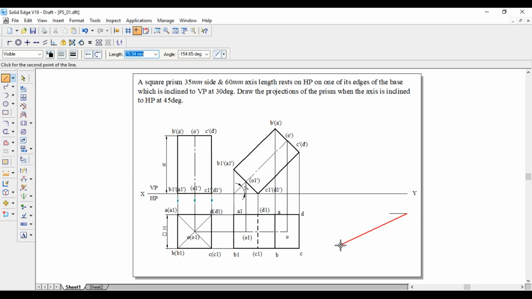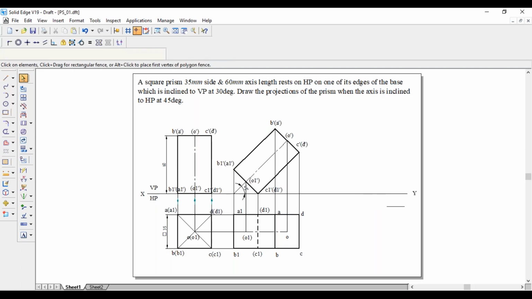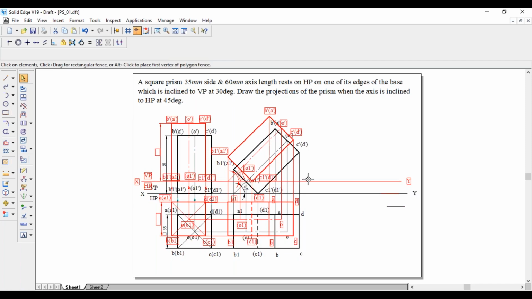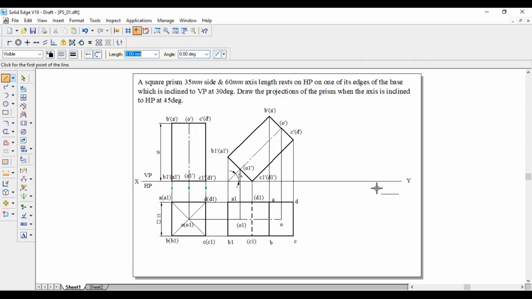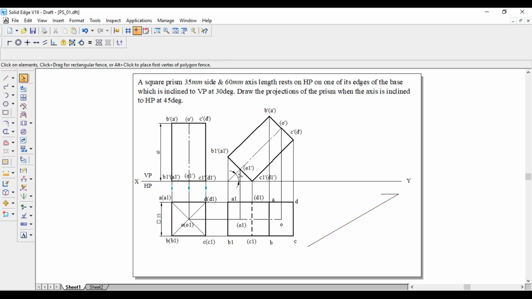As this is horizontal, if this line is making an angle of 30 degree with respect to this horizontal, it is also making 30 degree with respect to this horizontal. So this angle will be 30 degree.